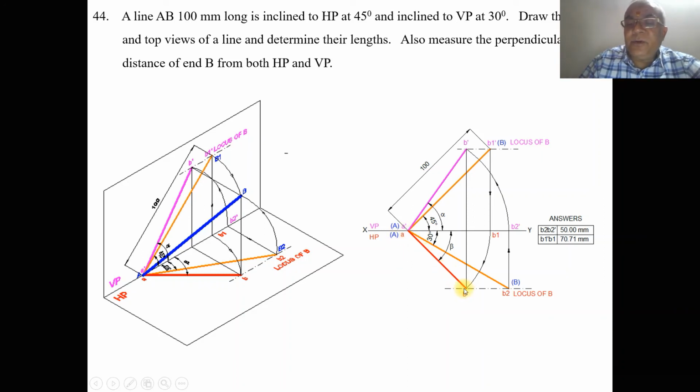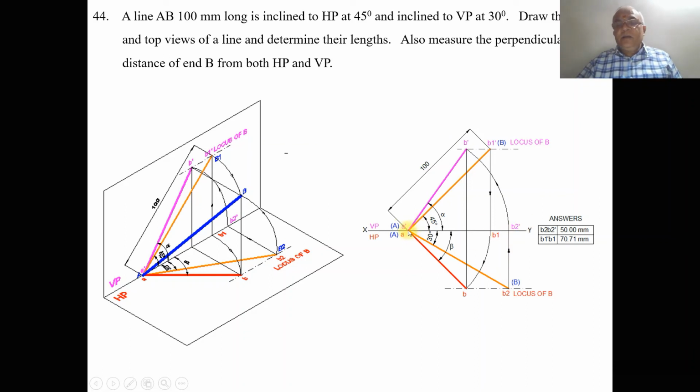Similarly, to find the front view, take the top view true length AB2. Since it is a true length in HP, the line is parallel to HP. A dash is on HP, so B2 dash should also be on HP. Then only the line will be parallel to HP. So you project that B2 point directly onto the XY line, because A dash is on the XY line.